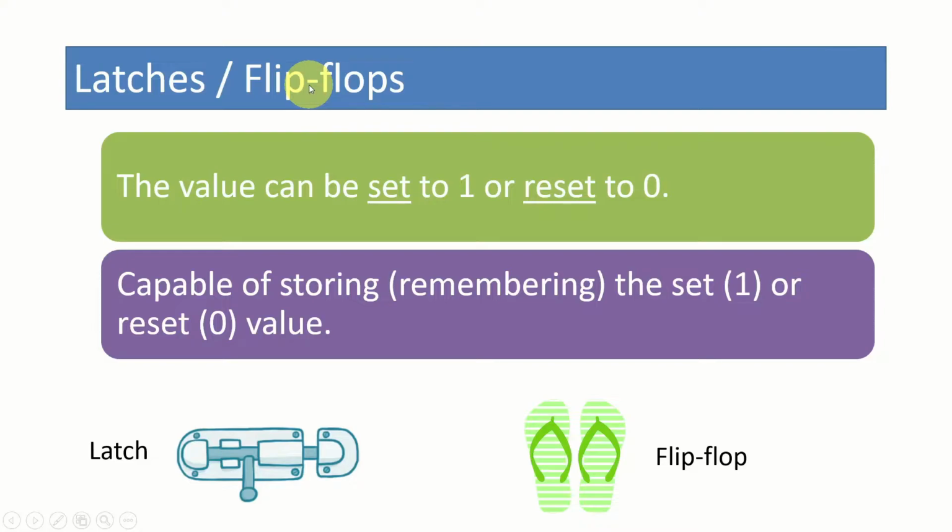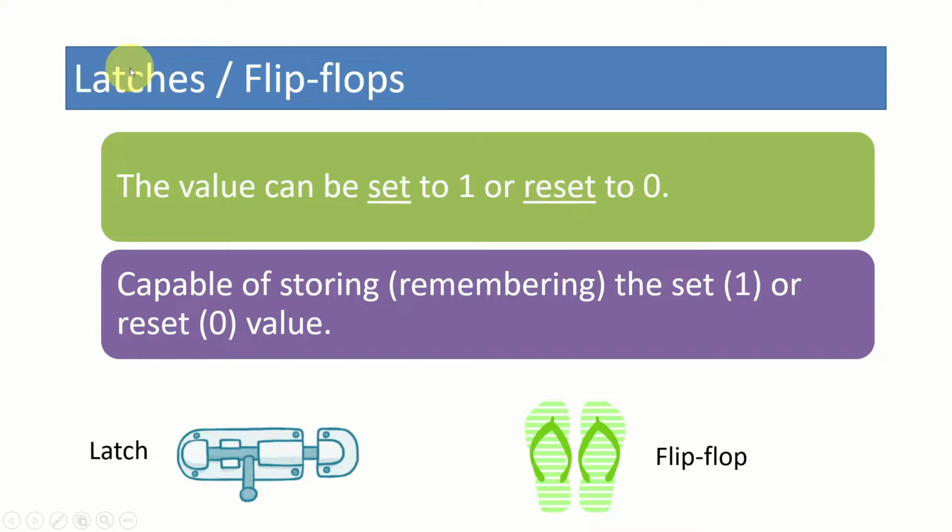But when it comes to the operation and the functionality, they are a little bit different. A latch is the basic component and a flip-flop is the more complicated and advanced component. Let's look at the literal meaning of these two terms as well. Literally, latch means something like a lock. A lock is capable of retaining something.